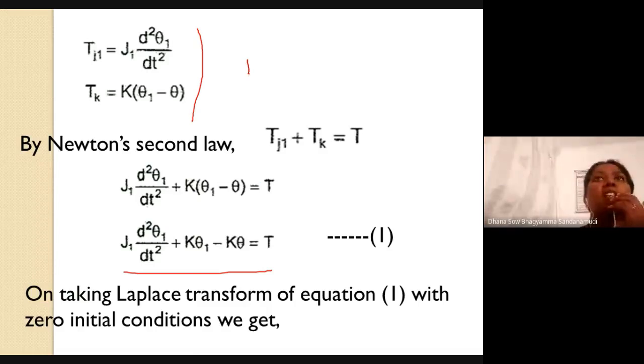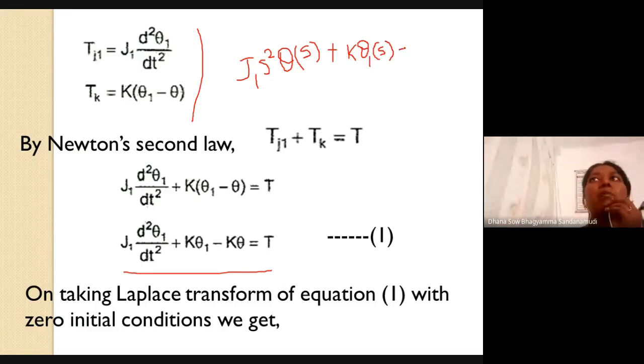What do you get? You will get J1, Laplace transform of this equation, into s square theta 1 of s plus k into theta 1 of s minus k into theta of s equal to T of s.